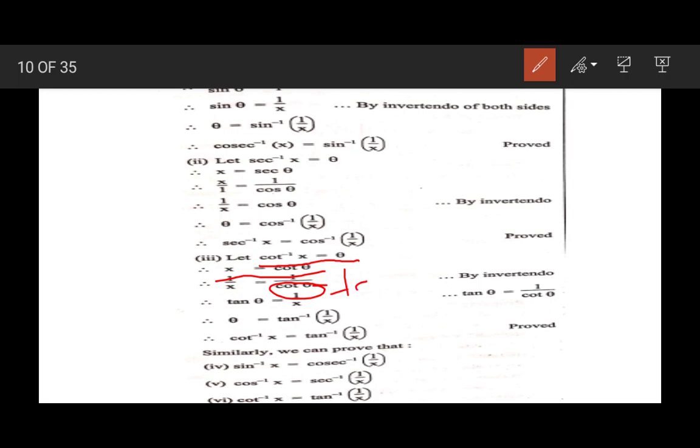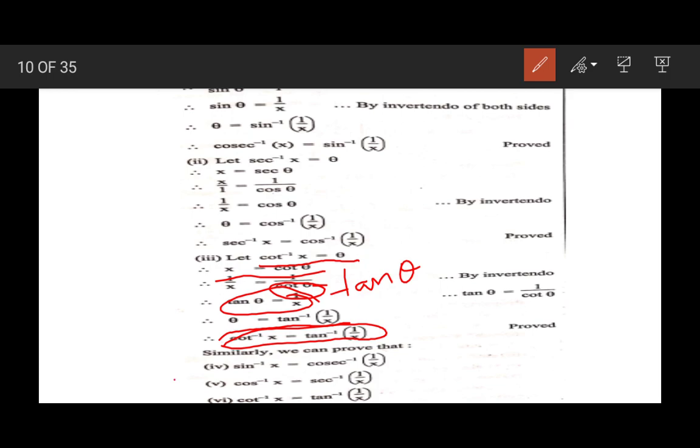So 1 upon x is equal to 1 upon tan theta. So from that we get tan theta is equal to 1 upon x, and finally theta is equal to tan inverse 1 upon x. Okay, so cot inverse x is equal to tan inverse 1 upon x.